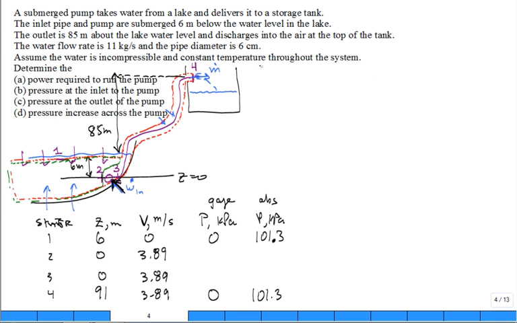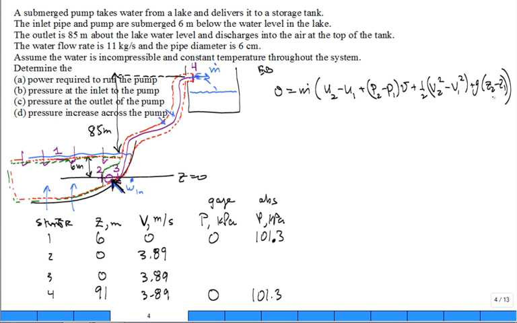Here's the energy balance. 0 is equal to the mass flow rate times u exit 2 minus u inlet 1, plus P2 minus P1 times v, plus 1/2 V2 squared minus V1 squared, plus g times z2 minus z1, close parenthesis. That's our energy balance. There's no work, it's steady state, 1 inlet, 1 outlet.